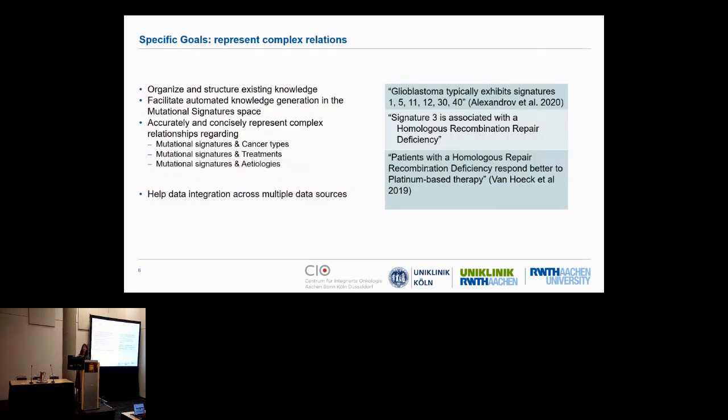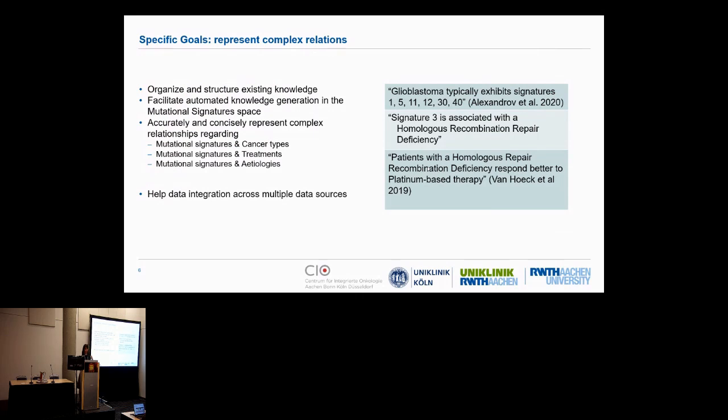So specifically, we wanted to represent certain complex relations and organize and structure existing knowledge in this space. We are facilitating automated knowledge generation in the mutational signature space, and it's important to us to represent appropriately the relations between mutational signatures and cancer types, also mutational signatures and treatments, and mutational signatures and etiologies.